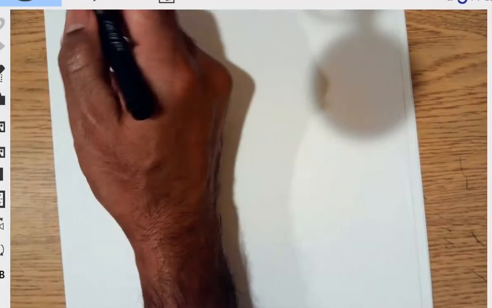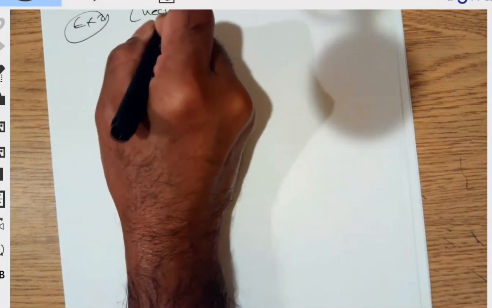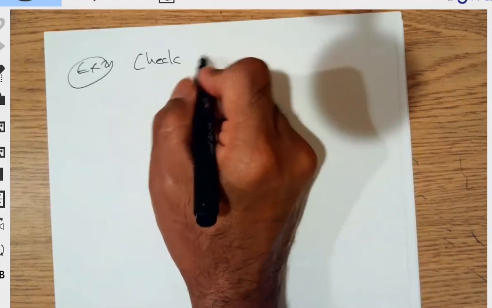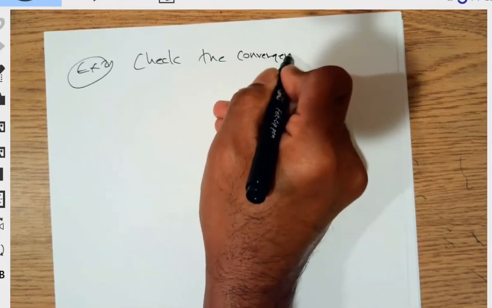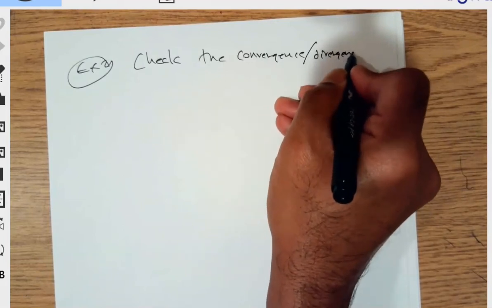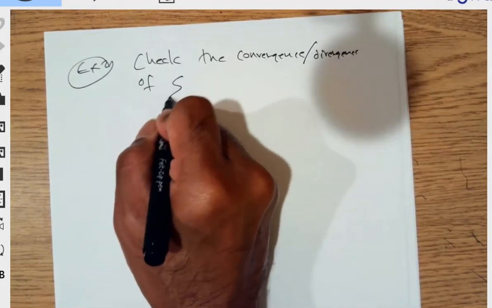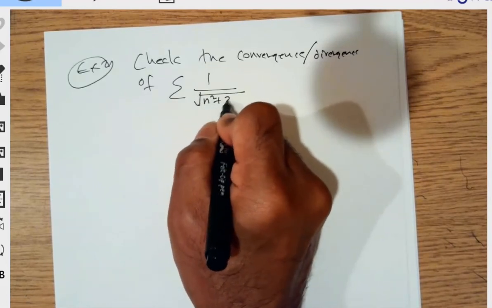Let's do another example. Example 2: check the convergence and divergence of sigma 1 over square root of n squared plus 2.